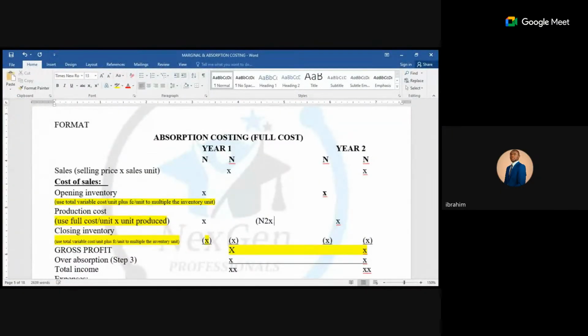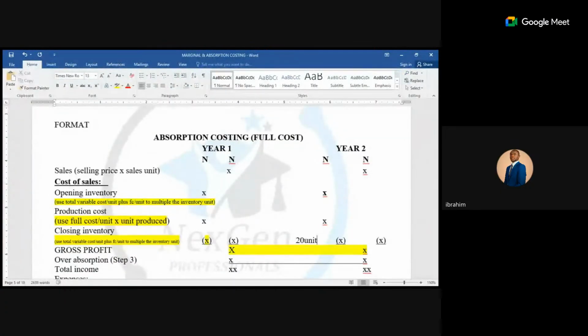Now, I want to explain this. Your closing inventory, of course, if the closing inventory for year 2 is 20 units, you need to multiply these 20 units times the full cost.